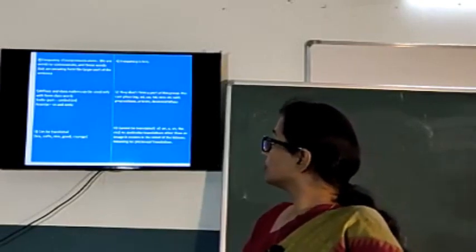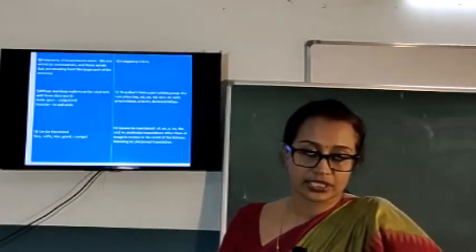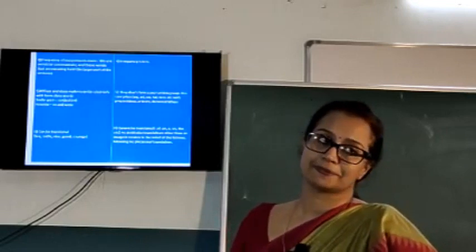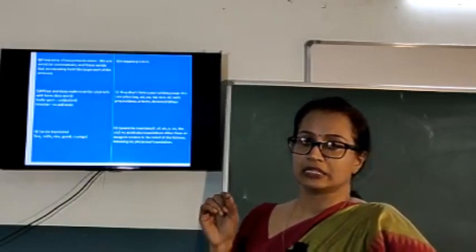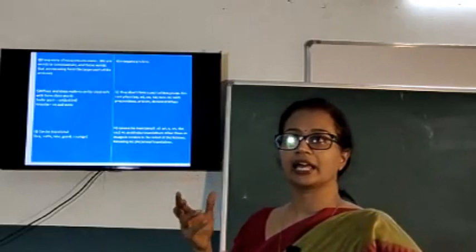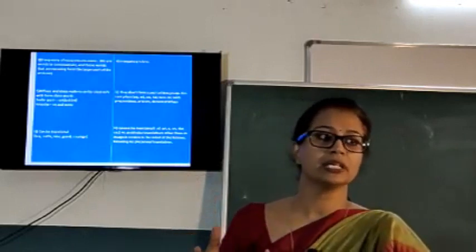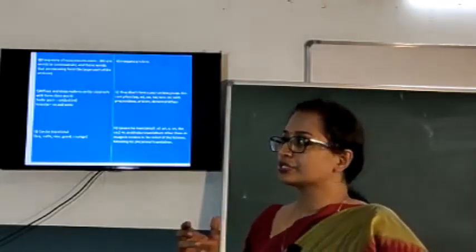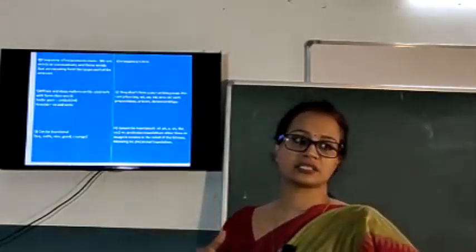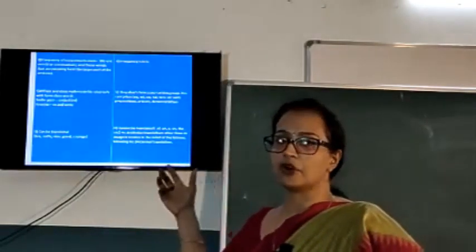What's the next one? Affixes and class markers can be used only with form class words. For example, what is the past form of smile? Smiled, right? The suffix ed can be used only with a meaningful word. You can use it only with the open class set or the form class.